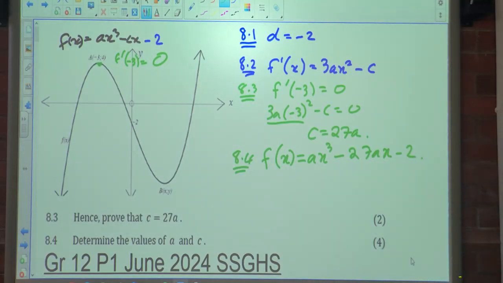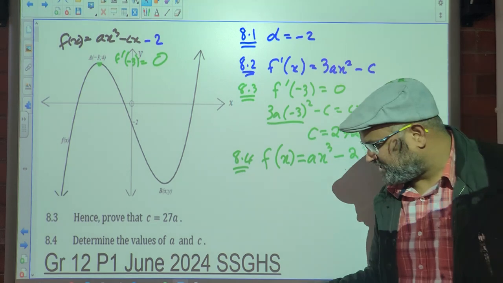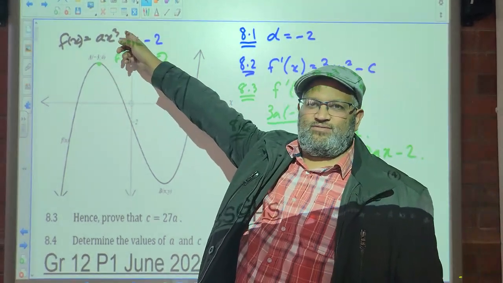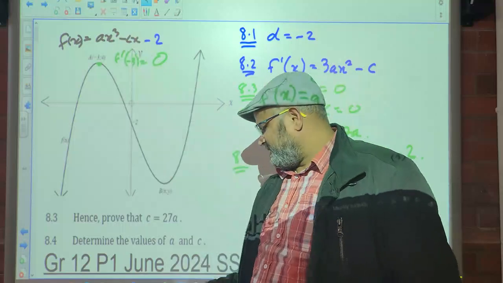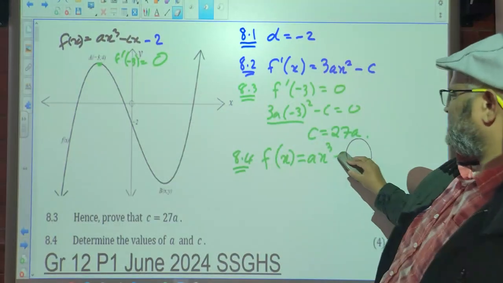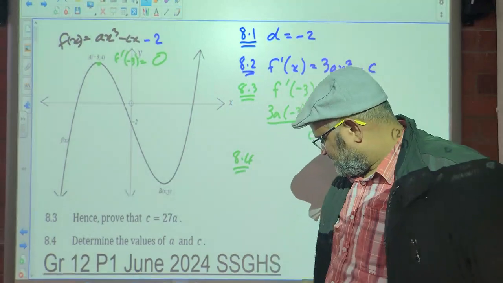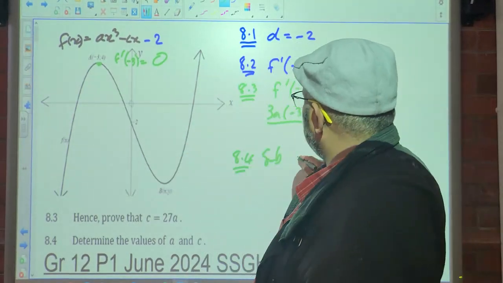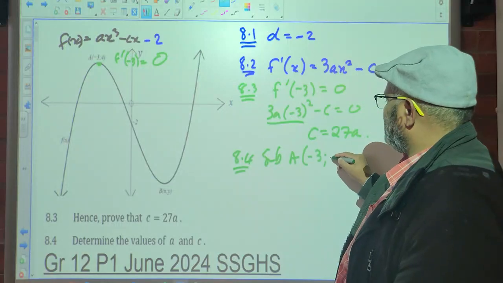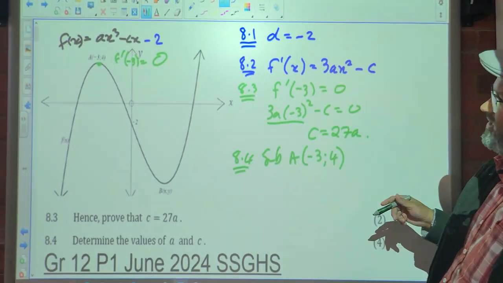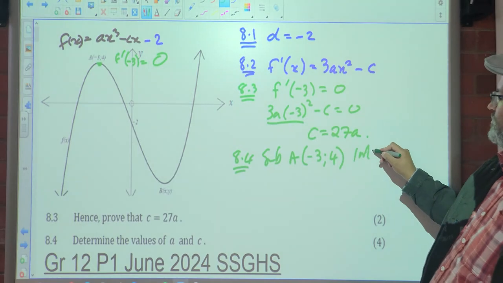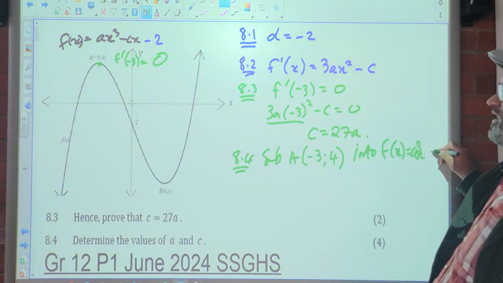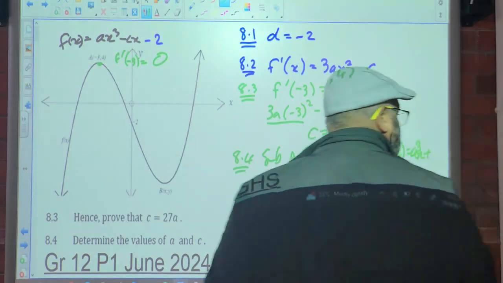Why do I do that, people? What I could have done is substitute that value into the first, which would have been a bit neater. We're going to substitute, because this point is on the graph. If I substitute my x in, I get my y out. If I substitute my y in, I get my x out, into f of x equal to ax cubed minus 27ax minus 2, with y equal to minus 6.